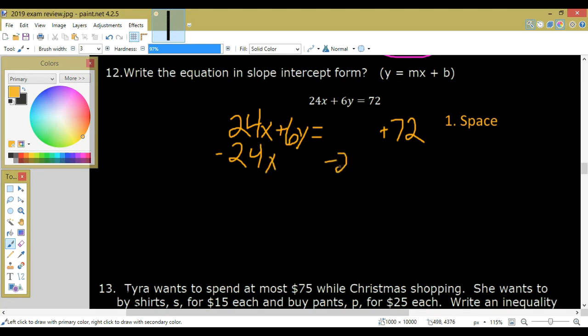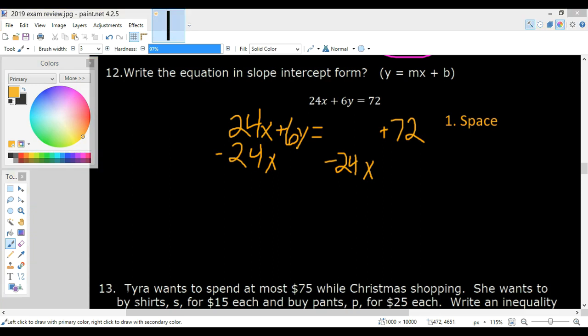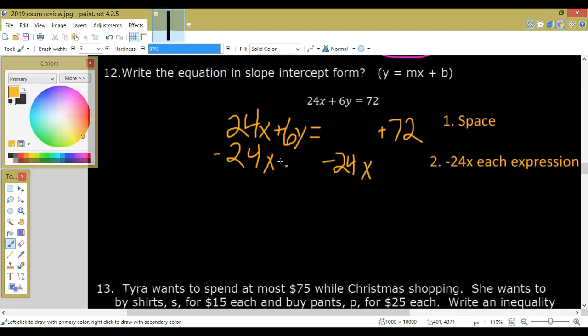And we put the negative 24x below the space because a variable and a constant are not like terms. 24x minus 24x is 0x. Carry down our 6y and our equal sign. Space minus 24x is negative 24x. Carry down that plus 72.